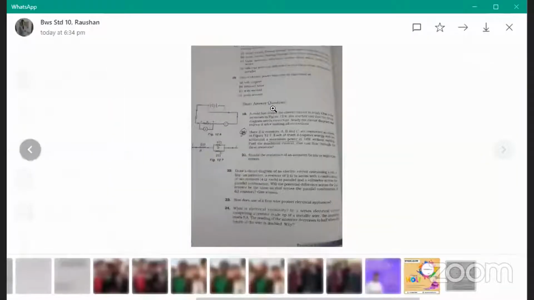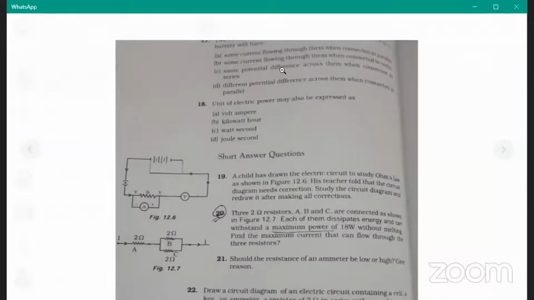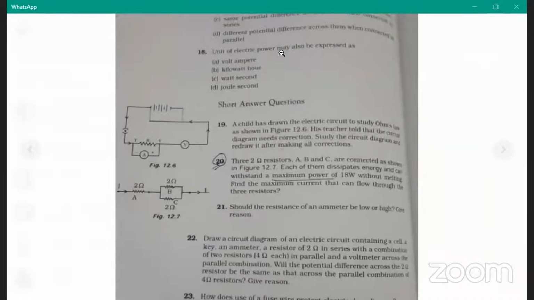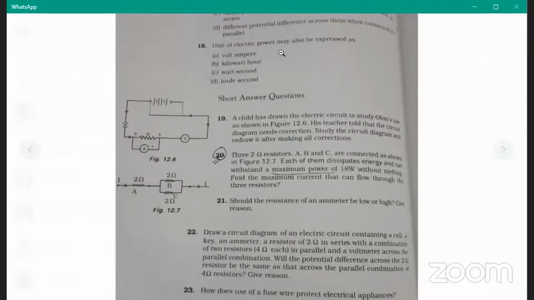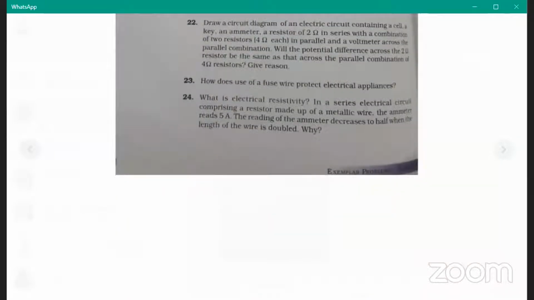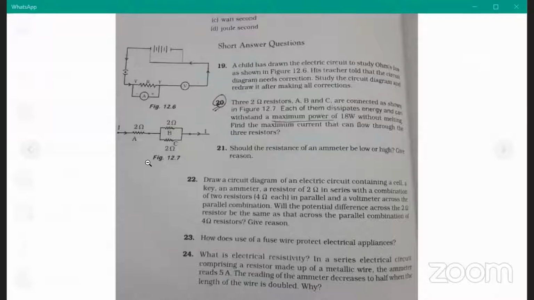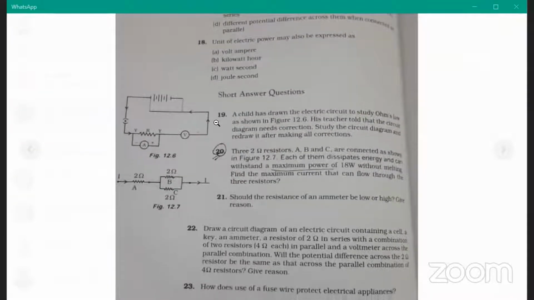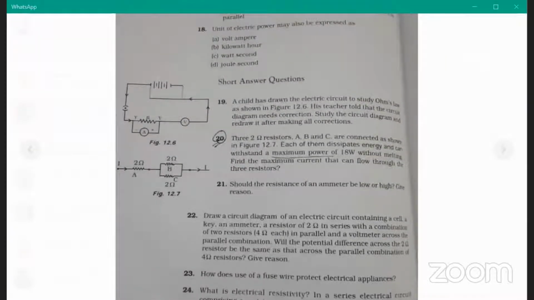You have three resistances of 2 ohm each, A, B, C. First of all, you find the total resistance in the circuit. You got 3 ohm. And the power is given, 18 watt. And you have to find the current through the circuit.